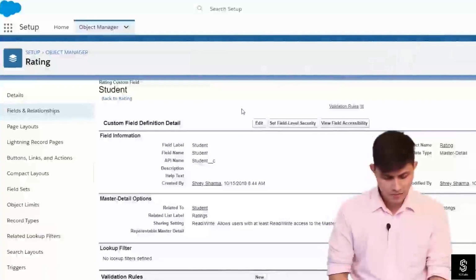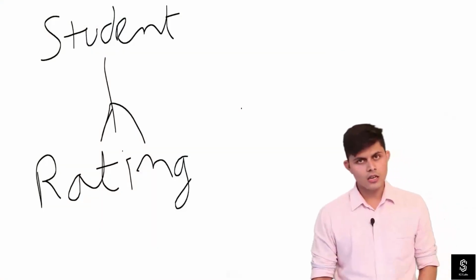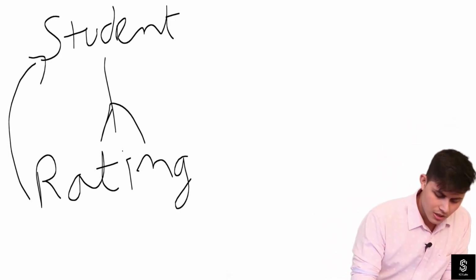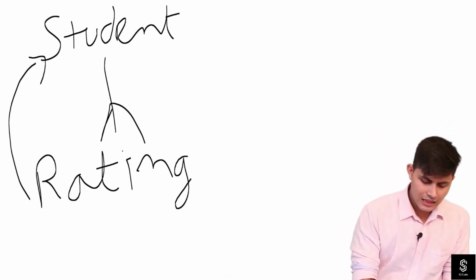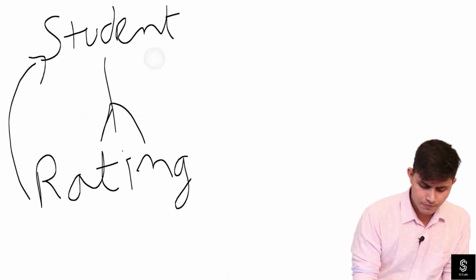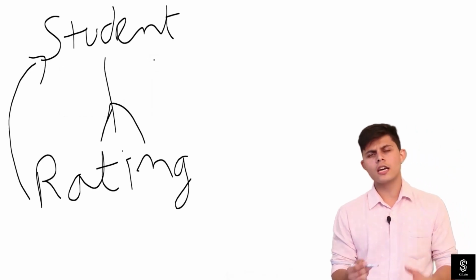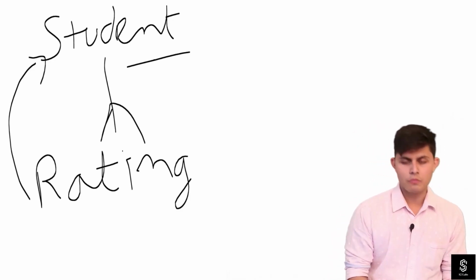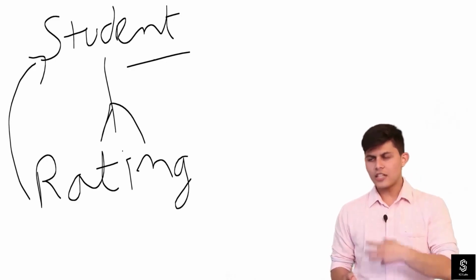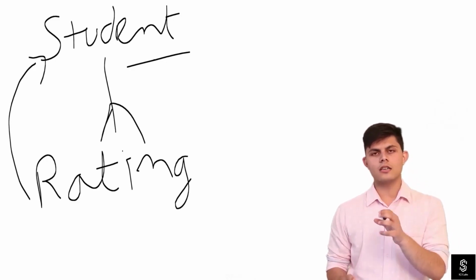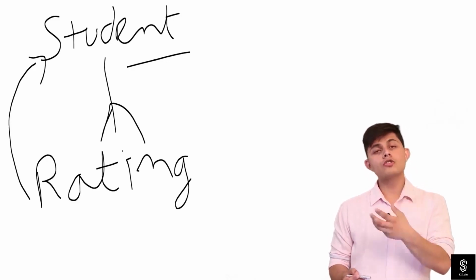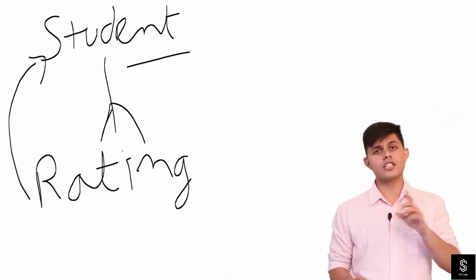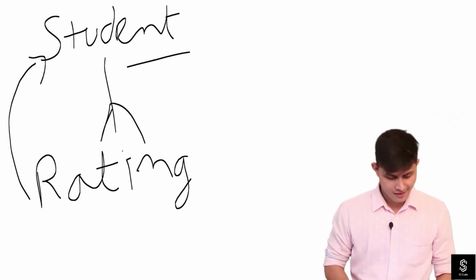In our case, we have student and rating. So this Student__r is helping us traverse from rating to the student object, and then we are writing dot, and after the dot we write the name of the field on the student object whose value we want to be fetched in this particular SOQL query.